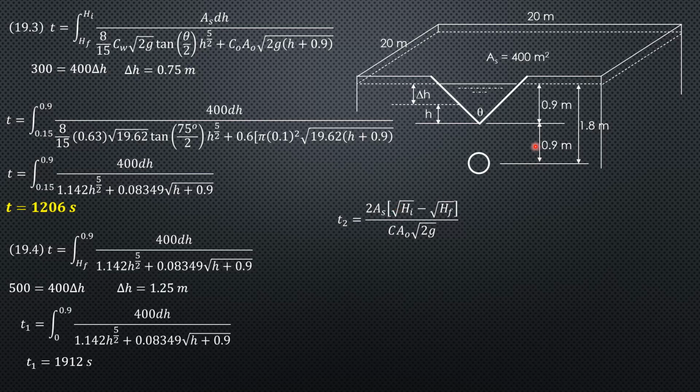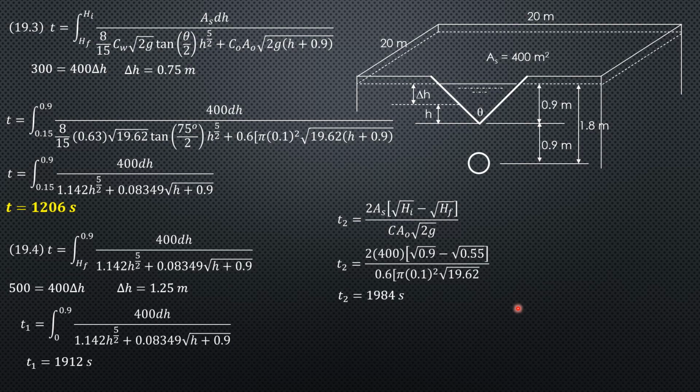HI is 0.9, because remember only the orifice is open, so its initial head would be 0.9, and its final head is 0.9 minus 0.35, which is 0.55. So this should be 0.55, the final head over the orifice. So T2 is 2 times 400, times the square root of 0.9 minus the square root of 0.55, over 0.65 times 0.1 square root of 19.62. So T2 is 1984 seconds.